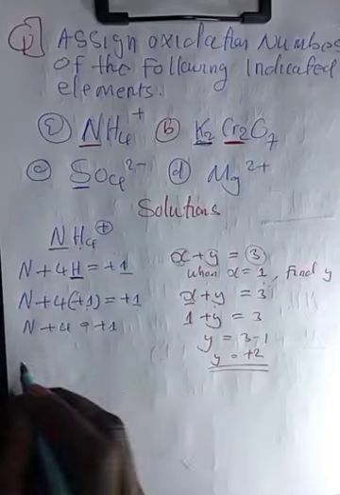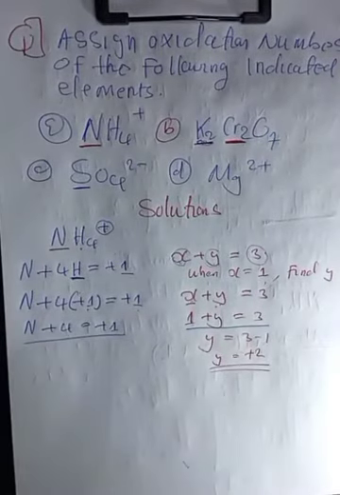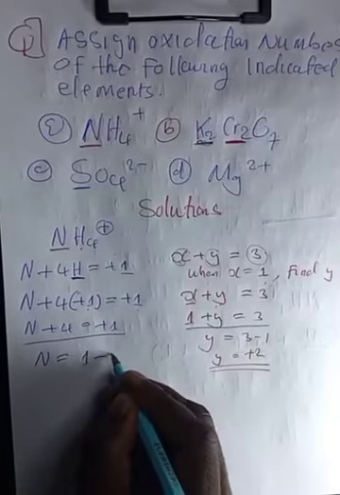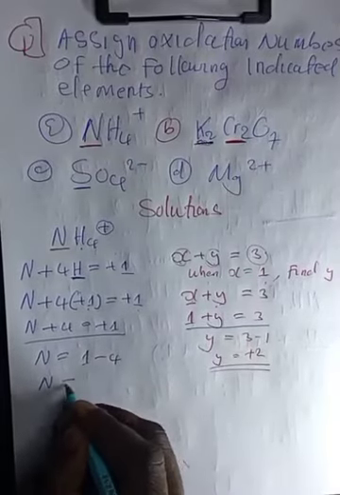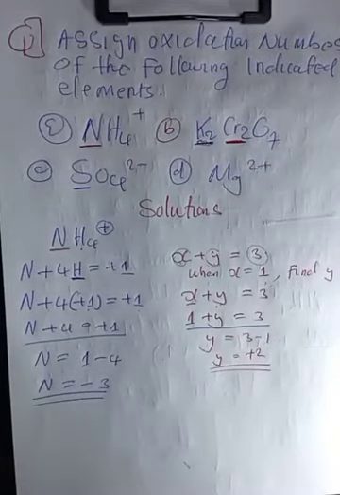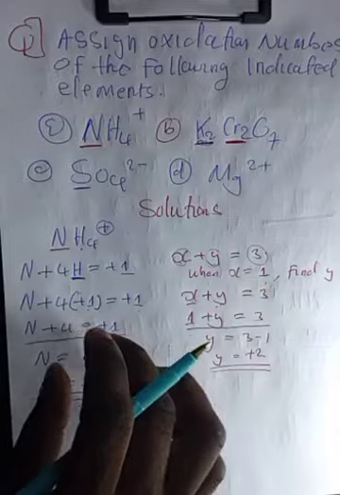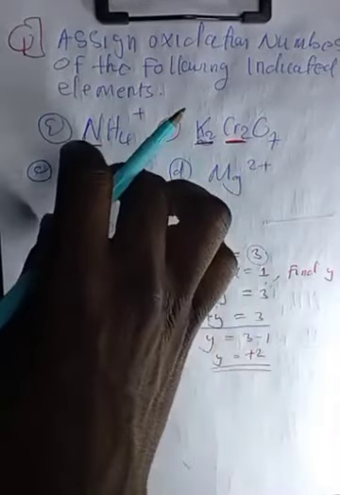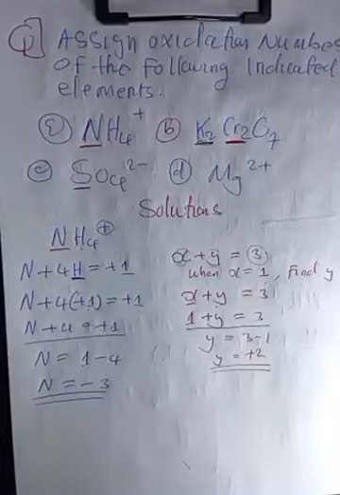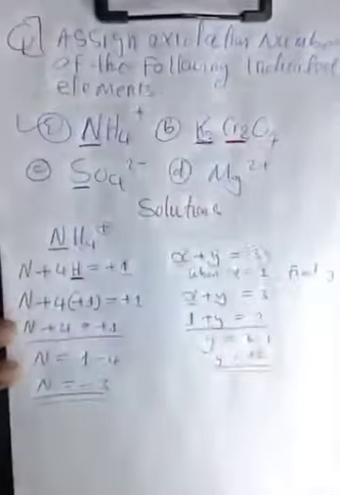Then we collect like terms like we did before, so n will be equal to 1 minus 4, meaning nitrogen is negative 3. So you should have calculated that, simple as that. This concept will be needed when balancing redox reactions. It is a very, very important concept. If we don't know this, you won't balance. So we have answered the first question in example A.